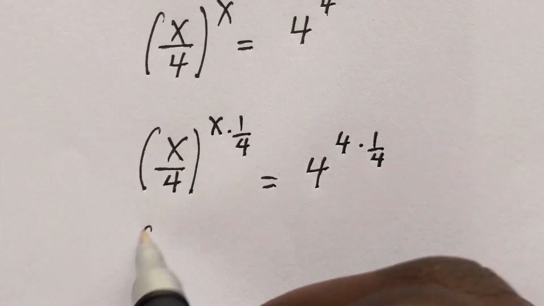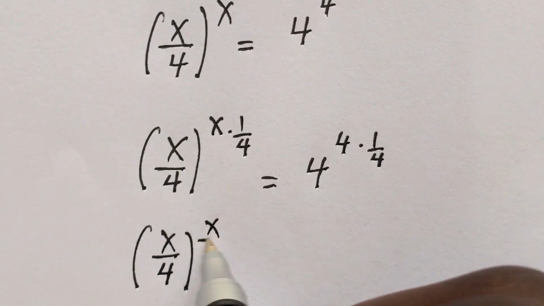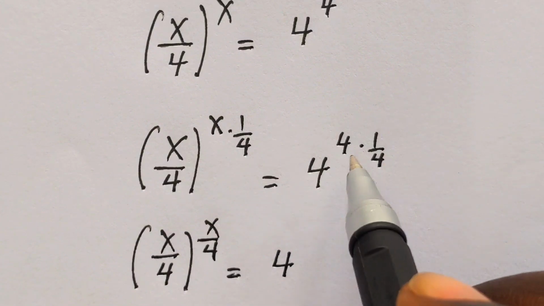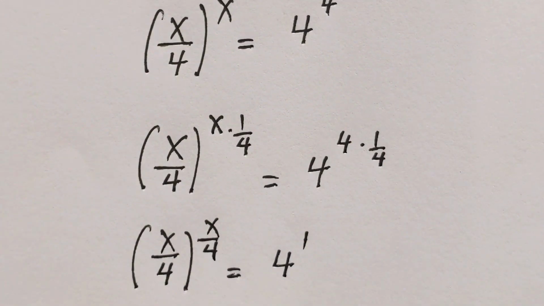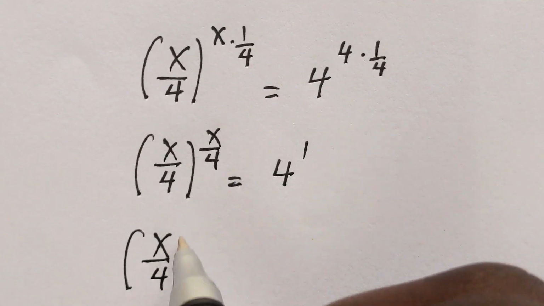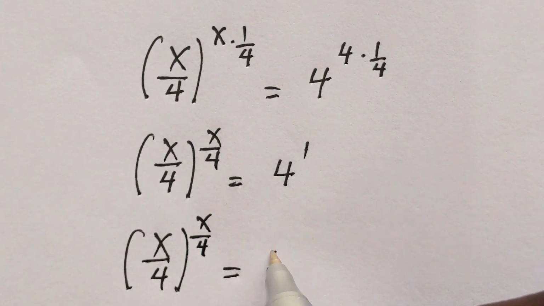So that here we should get x over 4 power x over 4 equals to 4 power 1.